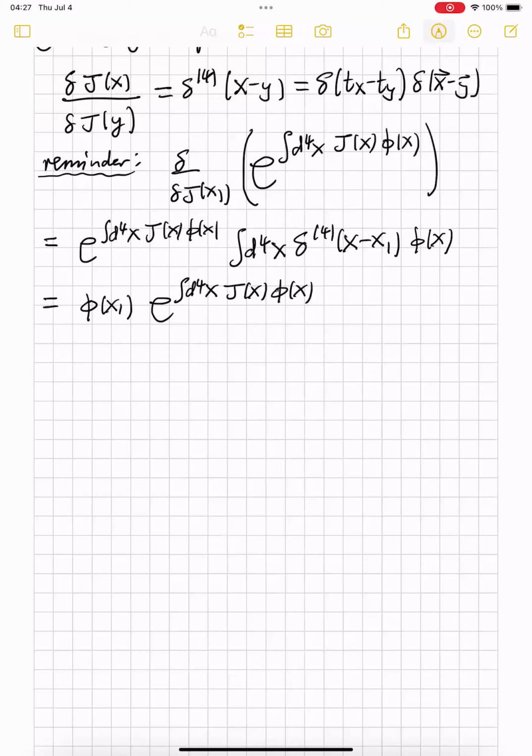Now, the same logic extends if we consider a string of derivatives. So let's imagine that we were taking a derivative with respect to j of x1, then a derivative with respect to j of x2, and so on, all the way up to a derivative with respect to j of xn of the exponential.